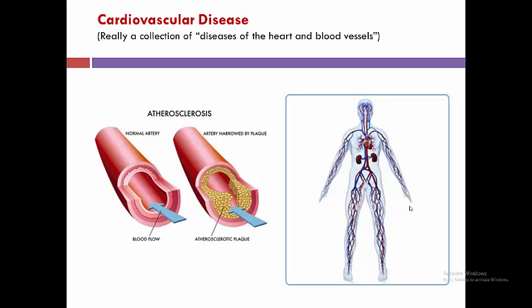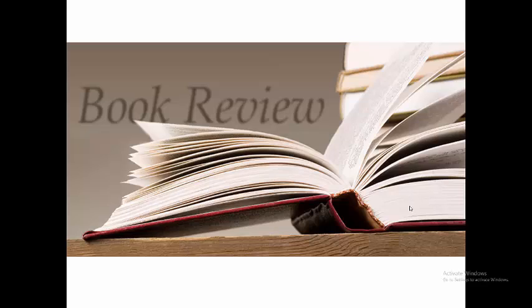Again, we're going to come back to this at a later date. So now you have some idea of what the book is talking about, and you have some idea of why lifestyle has such a significant role in both the development of preventable disease and therefore the prevention of lifestyle-related disease. We have a lot of power in our hands.